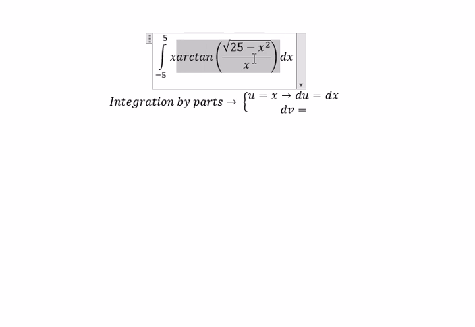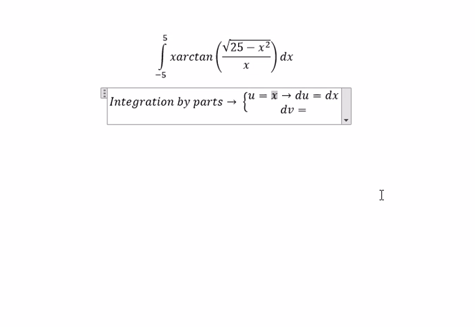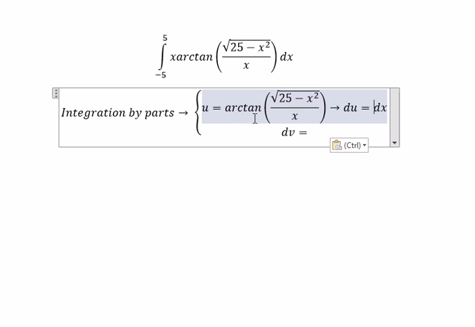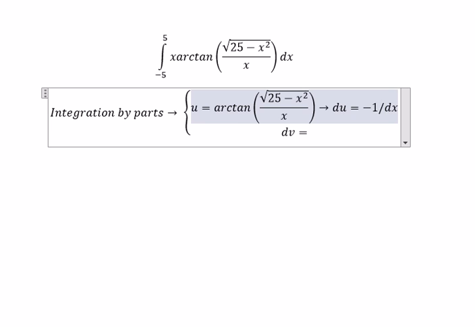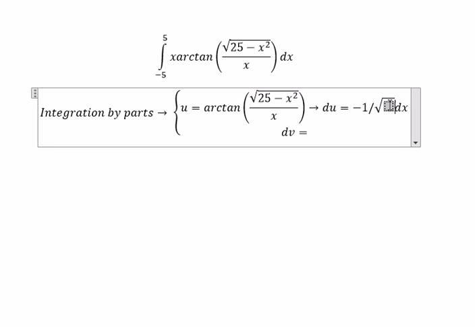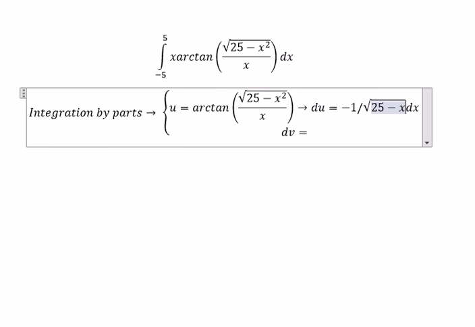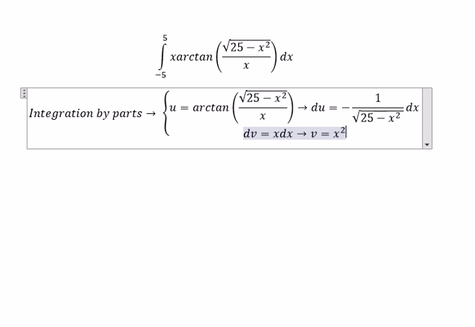Oh, sorry, we need to put this one in here. So du equals negative 1 over the square root of 25 minus s squared. dv is s ds, so v equals s squared over 2.